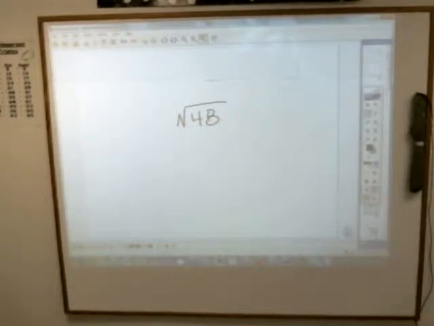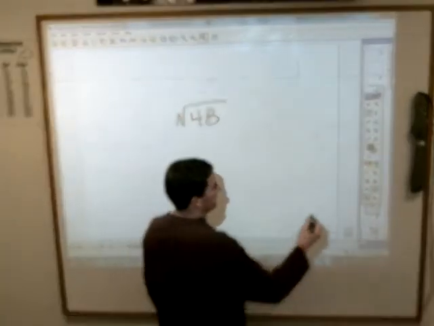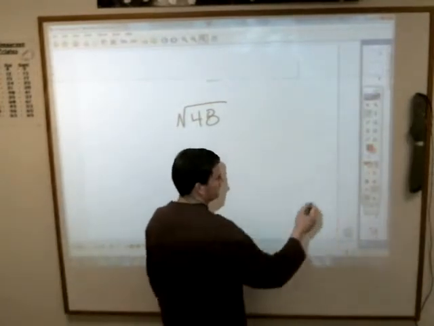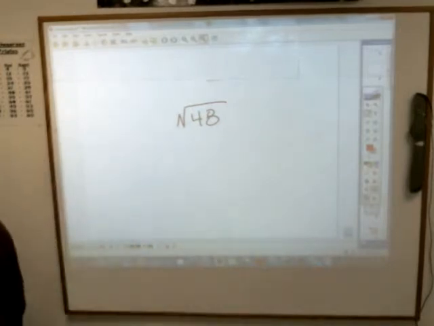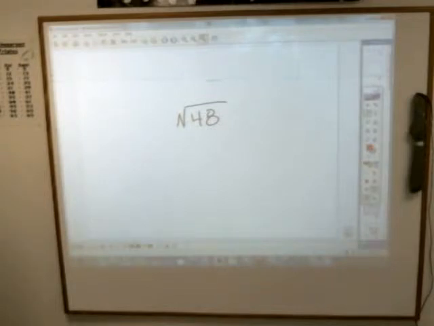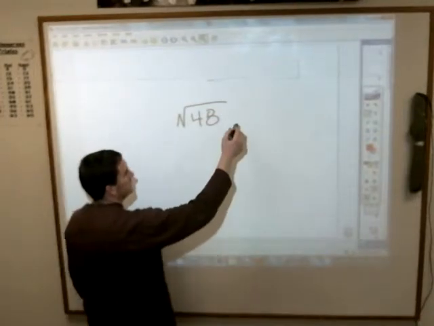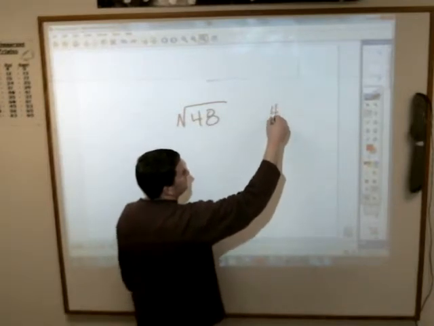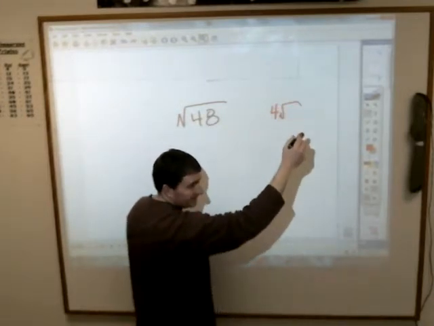Did we get an answer for this one yet, youngsters? Almost. Answers out there? Crenshaw-Hammer says the answer maybe should be 4 times the square root of what?